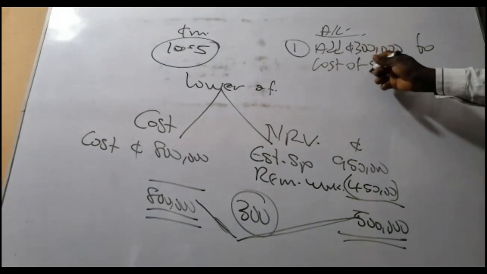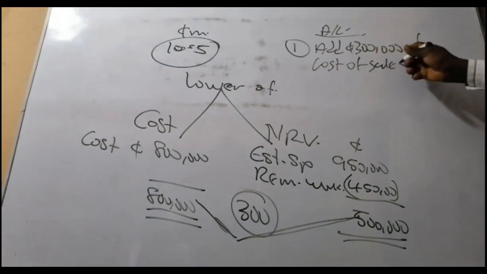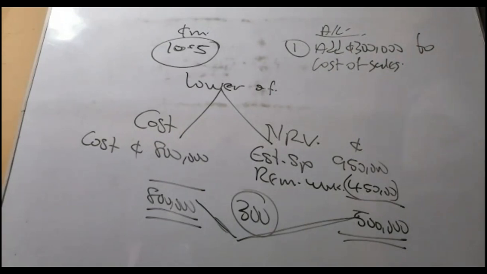That is if the cost of sales has already been calculated. But if you are now calculating it, then what do you do? If you are now calculating it, then use the right closing inventory figure. That's the lowest one. Do not use what? The written down. Good.